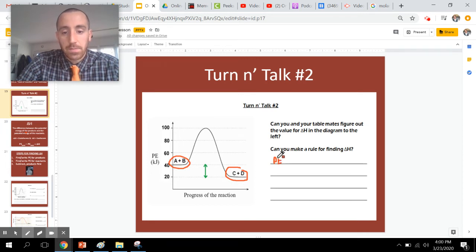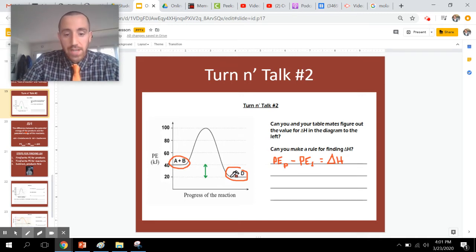So for this question here, the rule will be the PE of the products minus the PE of the reactants, and that equals delta H. That's our rule according to what we copied down in our notes. So if that's the rule, well, the potential energy of the products is 20 minus the potential energy of the reactants is 40, right?